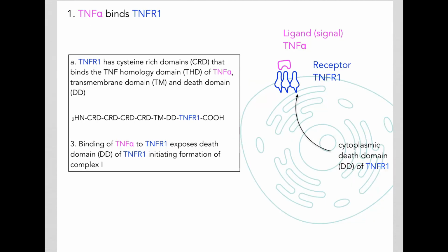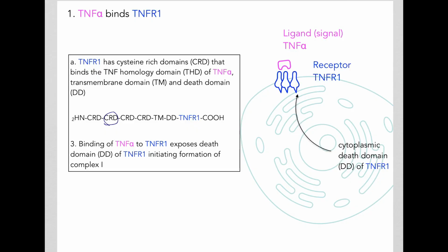Okay, so let's look at this signaling pathway that leads first to cell survival. So in the first step, as always, the ligand will bind the receptor. Now the receptor TNFR1 has a cysteine-rich domain, a CRD, and this domain will bind the ligand's TNF homology domain, or THD. So that interaction will cause the ligand to be bound to the receptor.